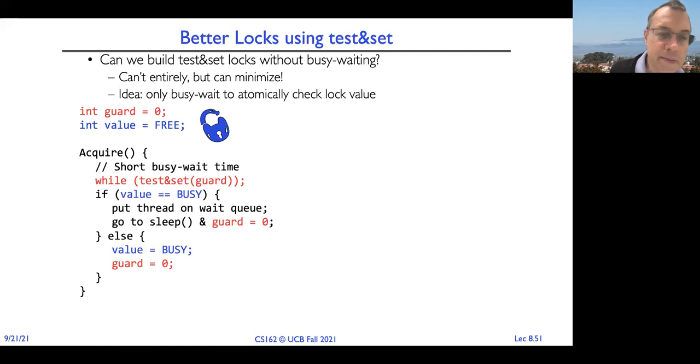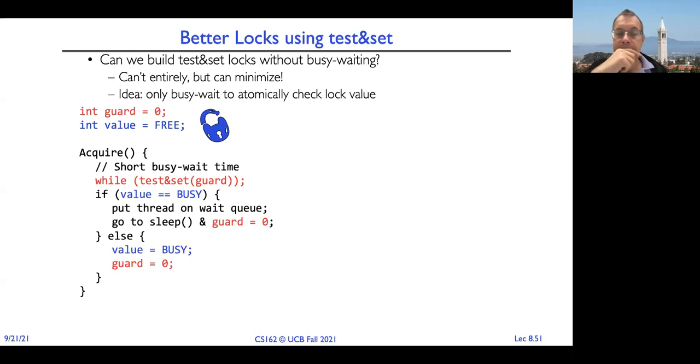So the lock we want to implement is called value, okay? And then what we do is protect the critical section of the acquire and release, the critical section being the one which modifies the lock, which is value, by a test and set.